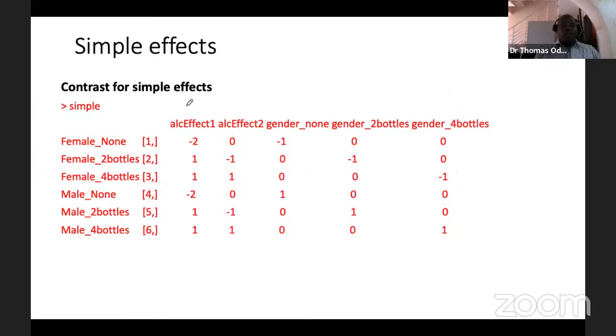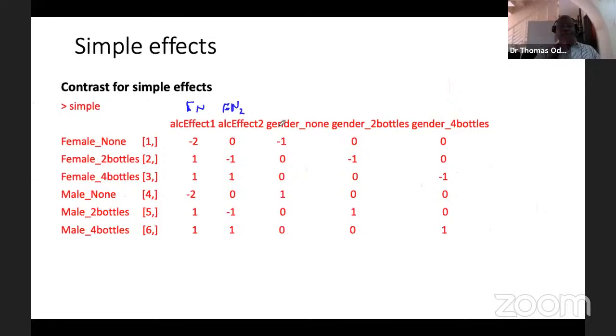Okay, so let's say this is female with none, and this is female with 2, because the alcohol effect 1, gender, and then we have female, and then we have male.